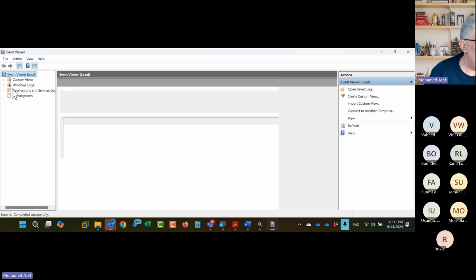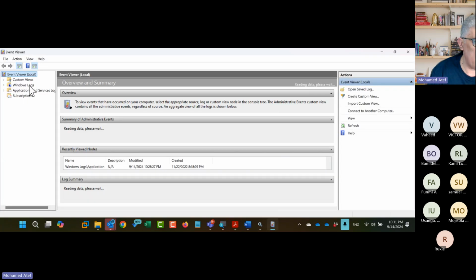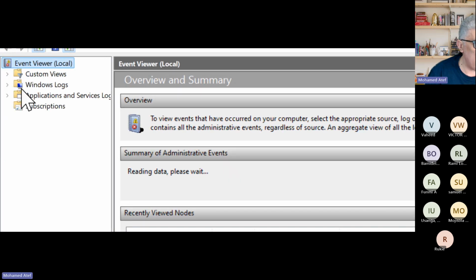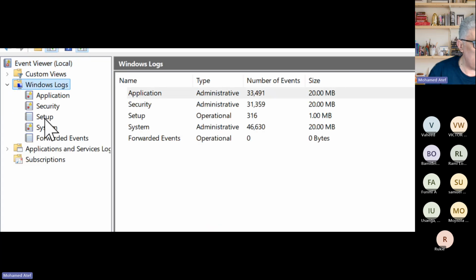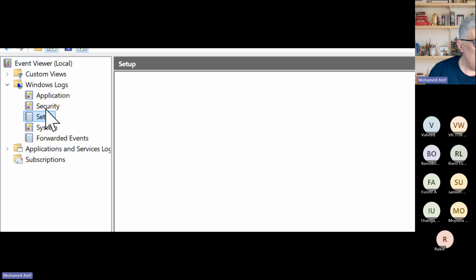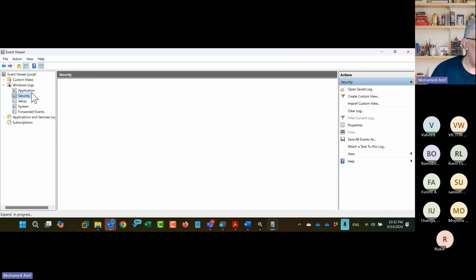Okay. And this is the event viewer of this computer. It shows all the events that happen on this computer. If you click on Windows Logs and then Security, you can see all the security events that happen to this computer. Security events mean who tried to log in successfully, who tried to log in unsuccessfully. This is important for us, right?